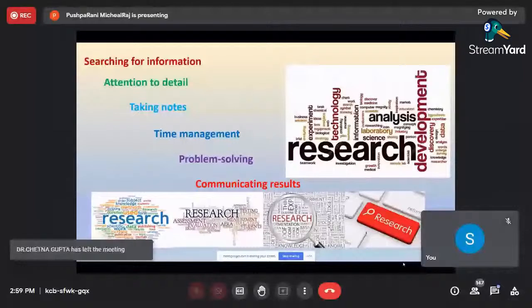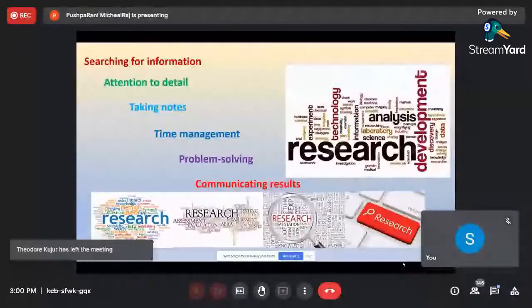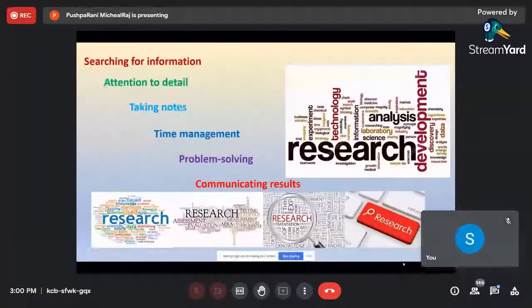And you always have a note-taking skill that involves your ability to gather the most important information throughout your research. Time management is also very important in order to finish your projects. So let's see one by one later.